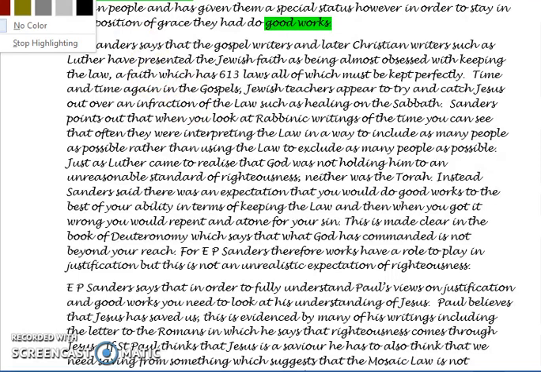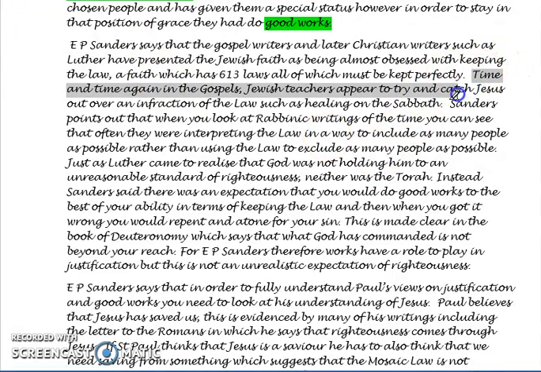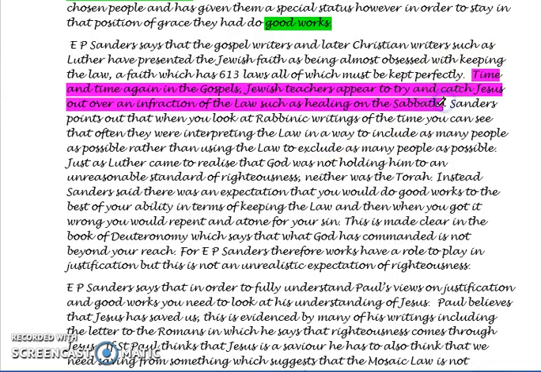Okay, and some evidence of this, I don't know whether this is E P Sanders' example, it was just one that came to me, but you could use it, is that the rabbis, or the Jewish teachers in the Gospels, are constantly, it feels like, trying to catch Jesus out.